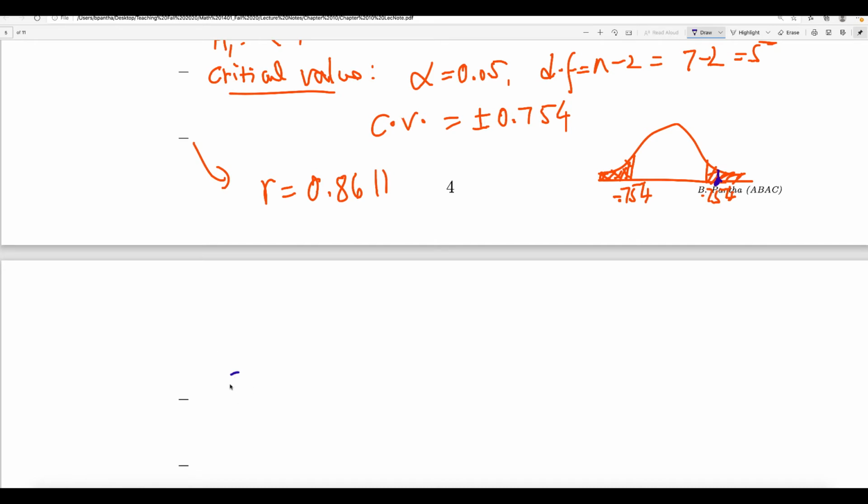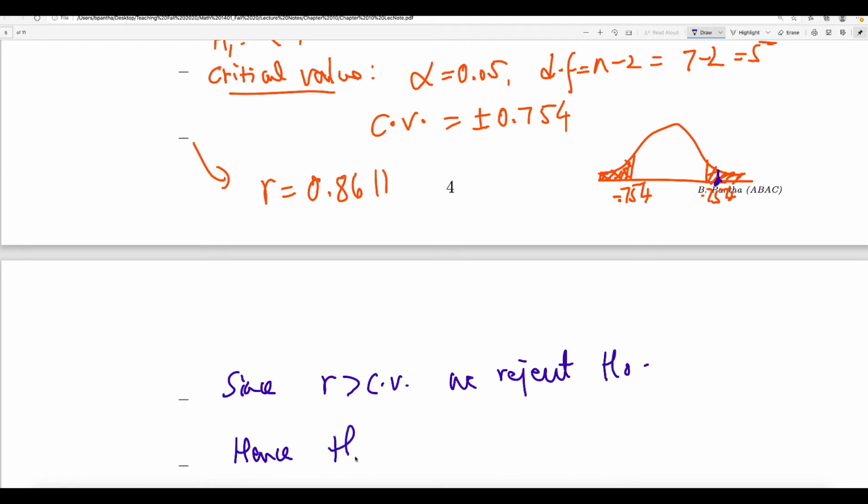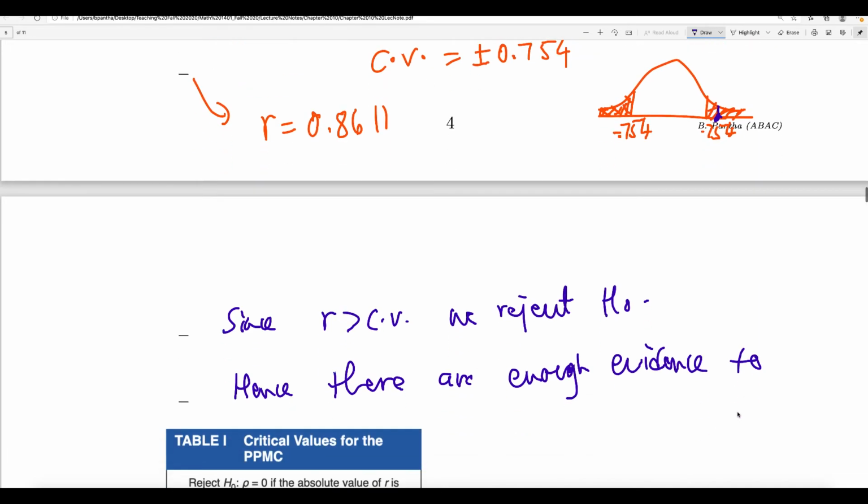So since r is greater than the positive critical value, we reject H0. That means hence there is enough evidence to support the claim, because the claim is the alternative hypothesis.